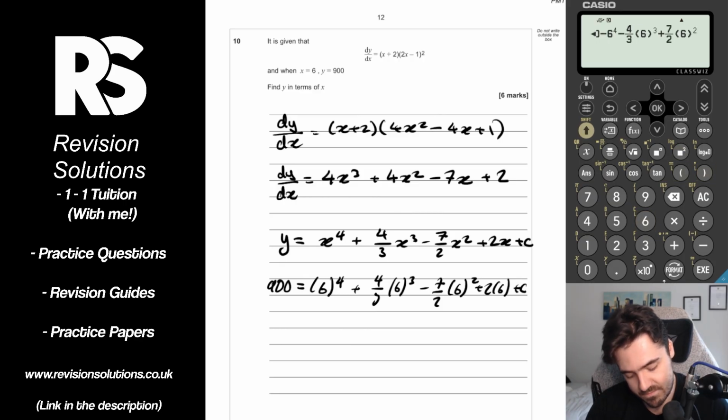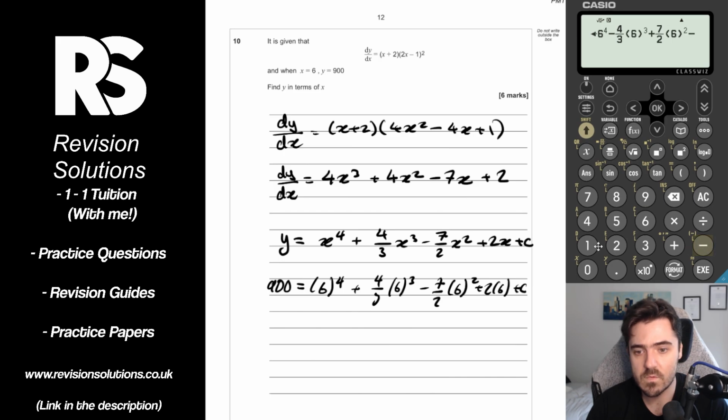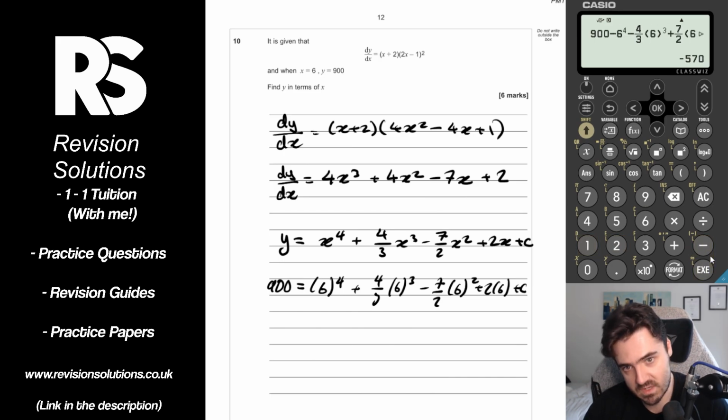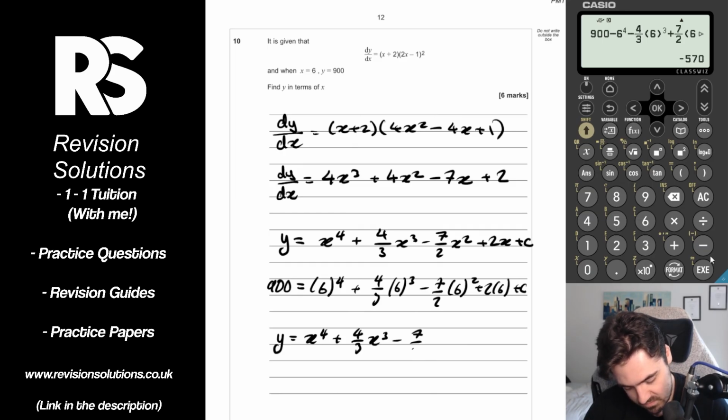Then we're going to have, well, 2 times 6 is just 12, so just take away a 12. Which gives us a plus c of minus 570. So it would be y equals x to the 4 plus 4/3 x cubed minus 7 over 2 x squared plus 2x minus 570.